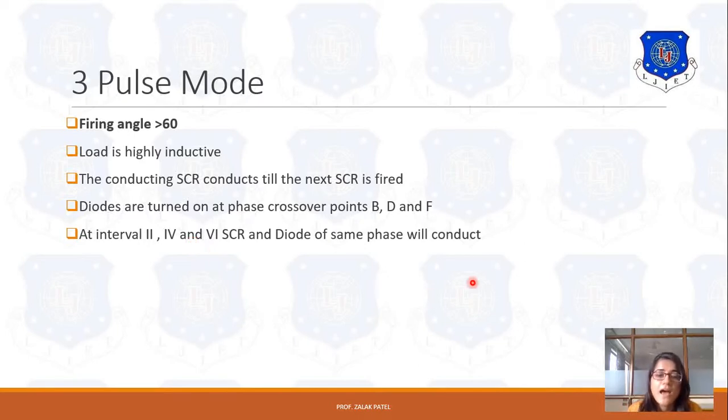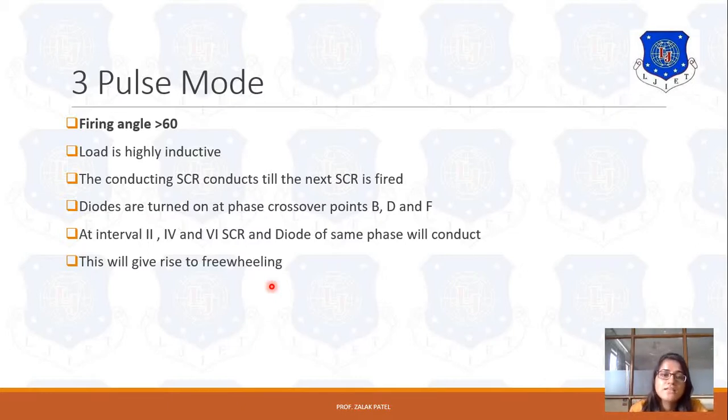So it has the same phase and will conduct during intervals 2, 4 and 6. In the remaining time period, we will see what happens. During this time interval, when the same phase is there, this gives rise to freewheeling because of the inductive type of load and no phase difference between them.